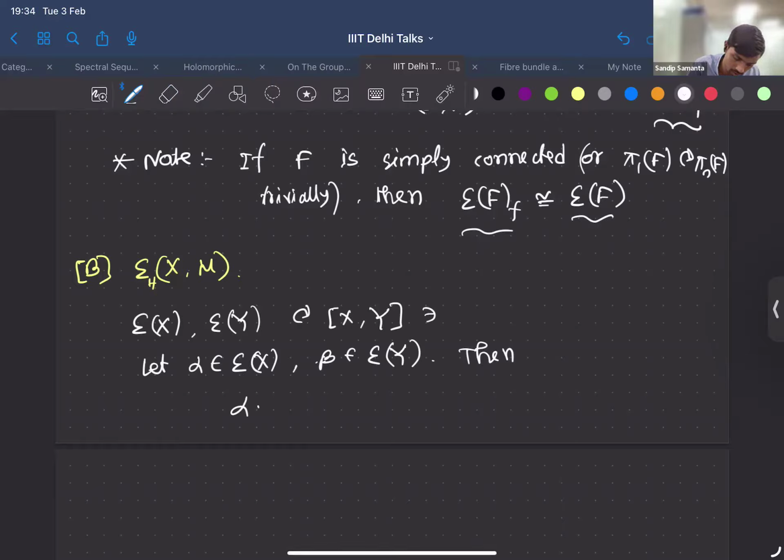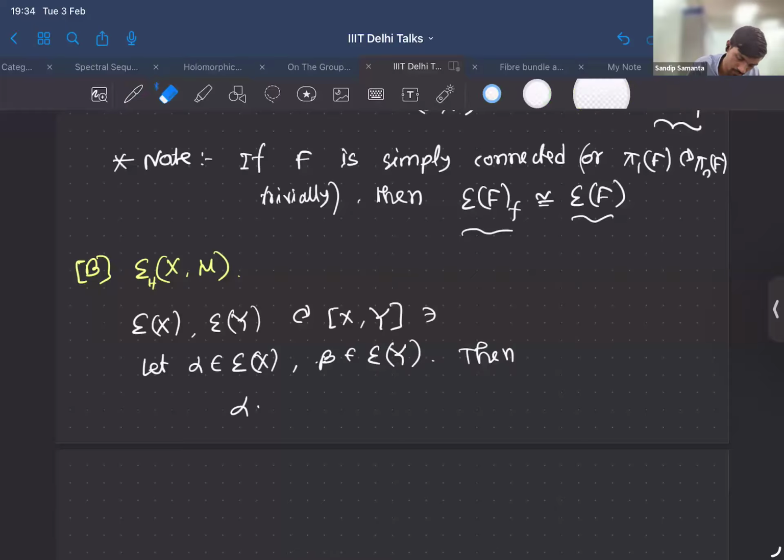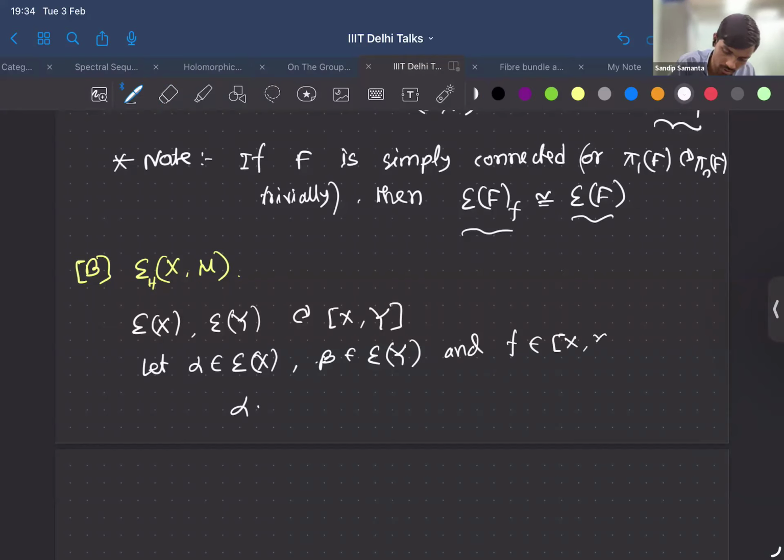Let f be a map from X to Y, and consider its homotopy class.